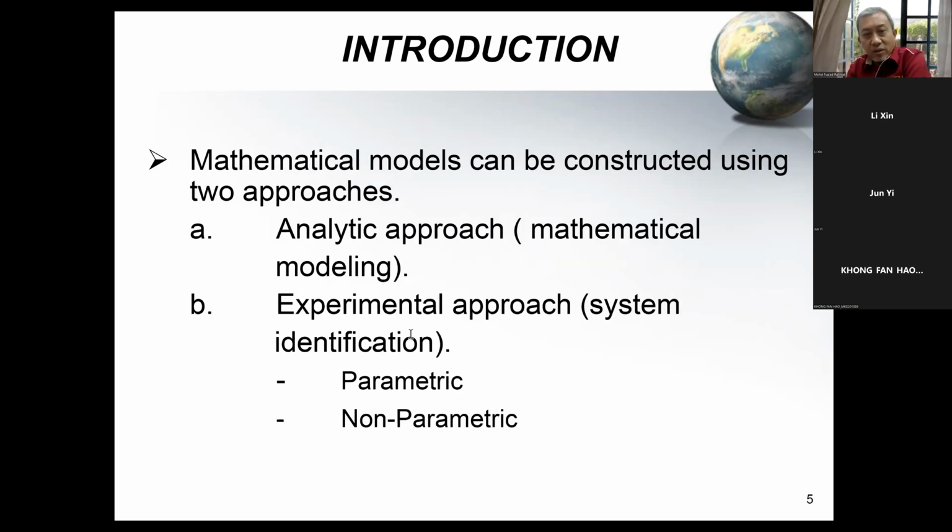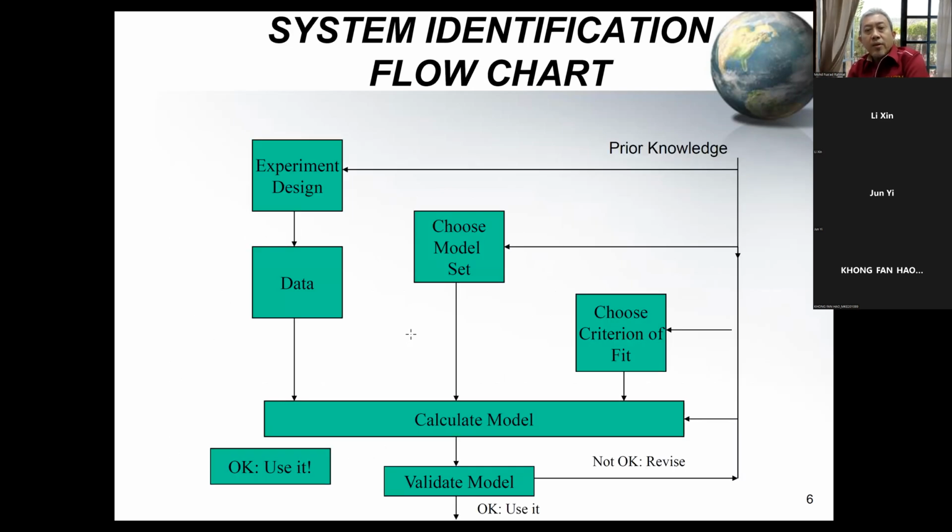So as you know, mathematical models can be constructed using two approaches. One is the analytic approach by derivations, and the other is the experimental approach. The one that we are going to show now is the non-parametric method of the experimental approach. The system under investigation must follow the procedures of system ID.